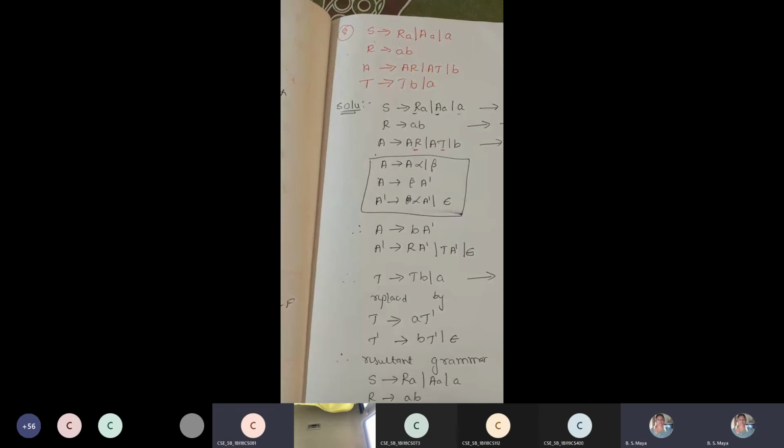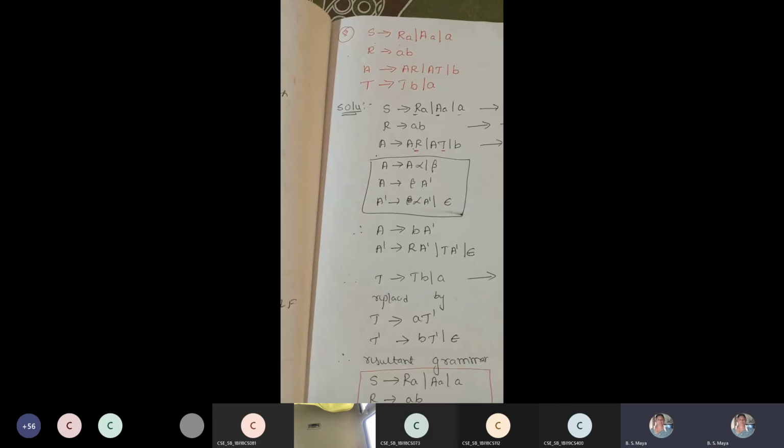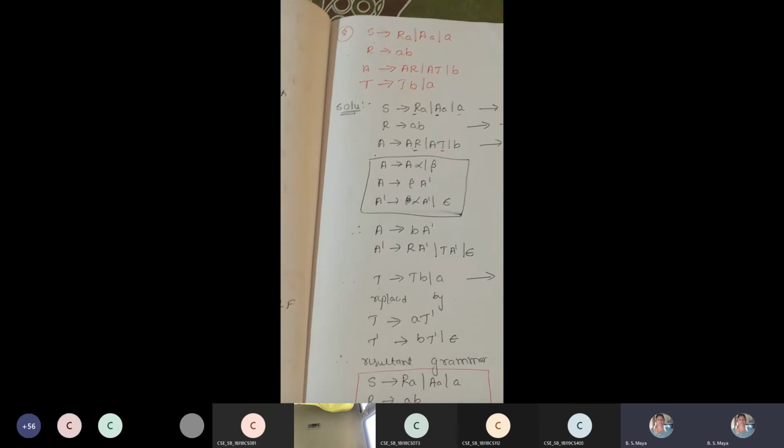A derives B A dash. A dash derives R A dash, T A dash, or epsilon. T derives A T dash. T dash derives B T dash or epsilon. This is your resultant grammar. Clear?